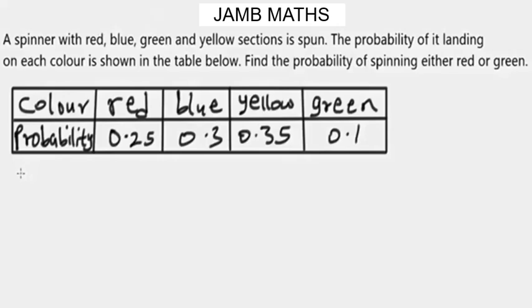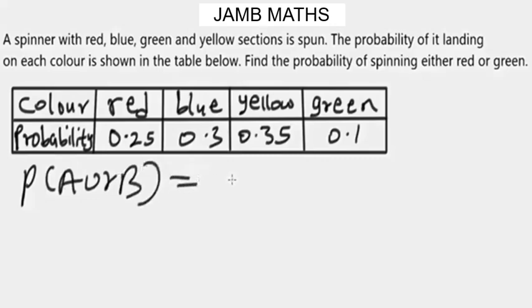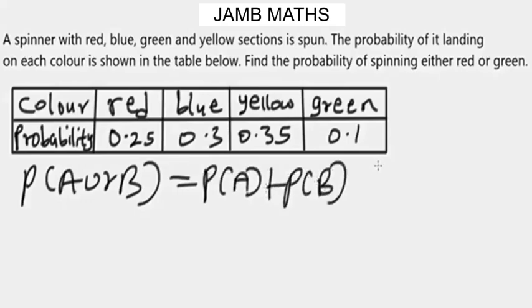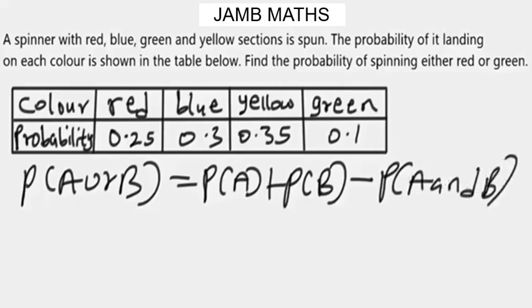Basically, it can be expressed mathematically as the probability of A or B equals the probability of A plus the probability of B, minus the probability of A and B both happening.